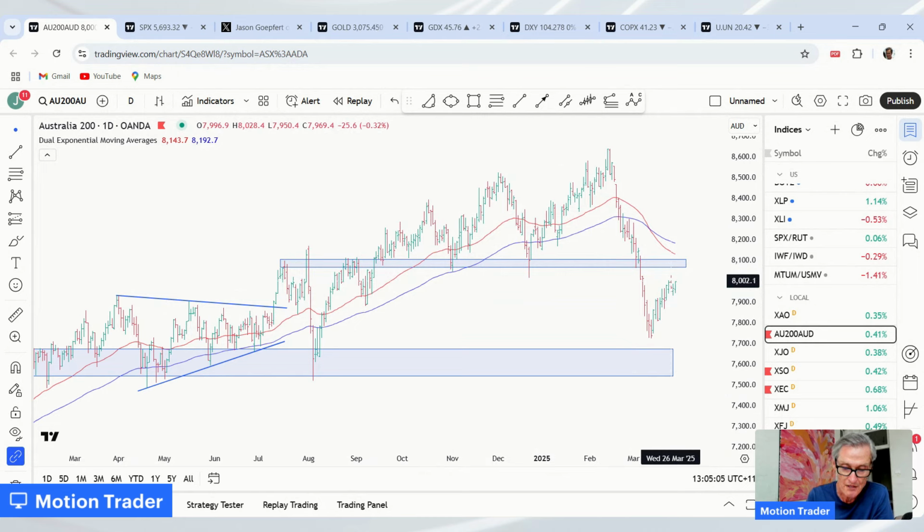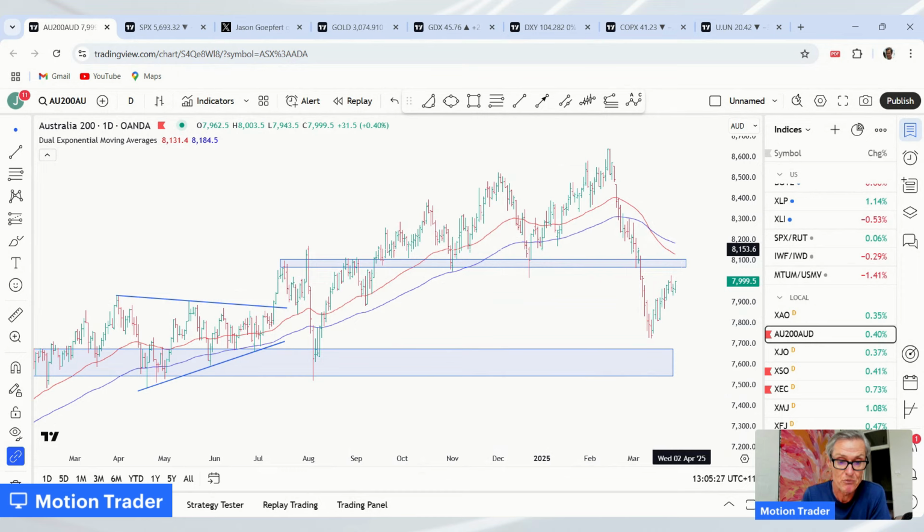So rather than a market that is consolidating above rising moving averages, as was the case for much of last year, we've now got the opposite situation. We've got a market that's consolidating below moving averages that are declining, and that creates a vulnerable structure.